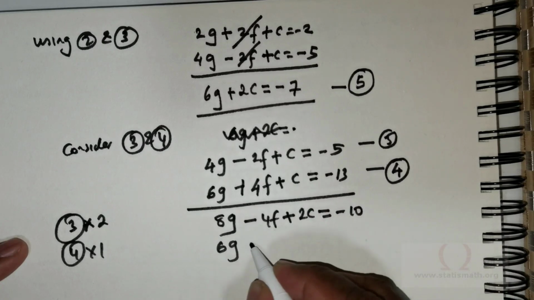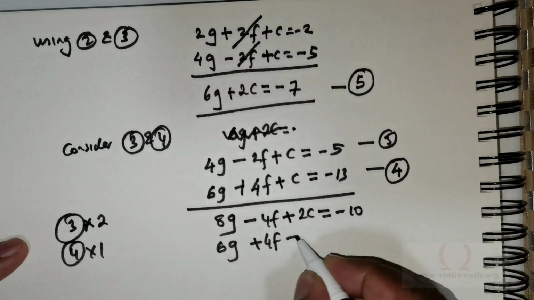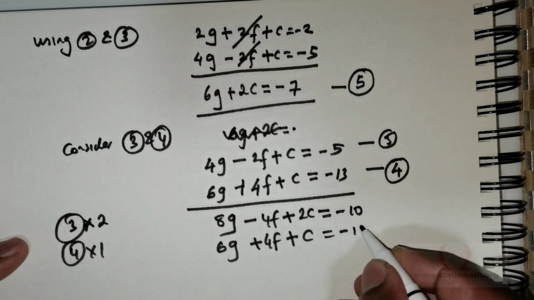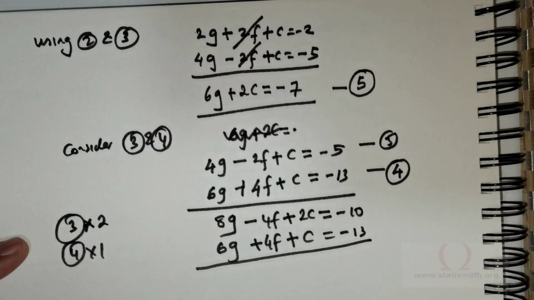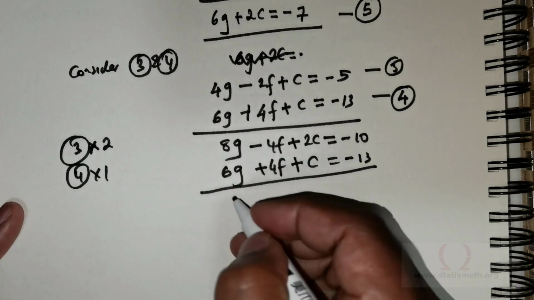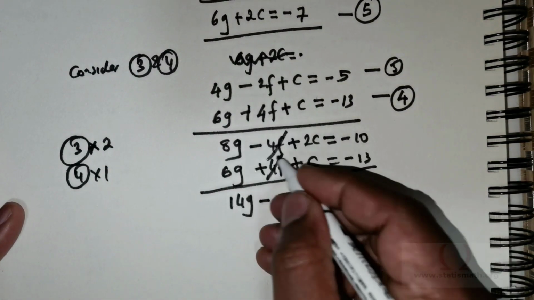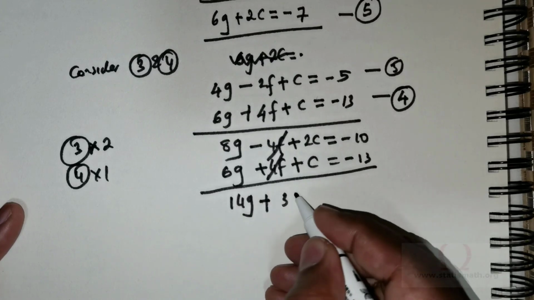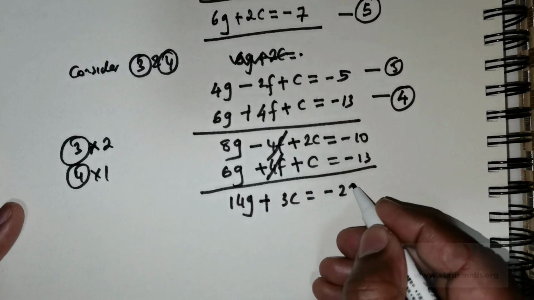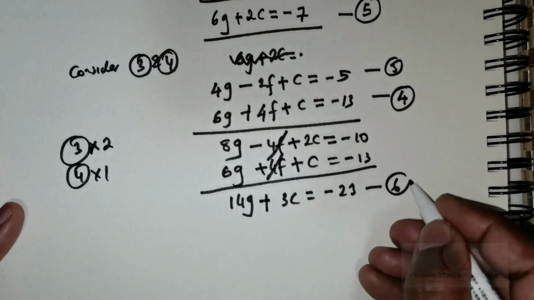This is 6g plus 4f plus c is equal to -13. So when I add it, I get 14g, the f gets cancelled, plus 3c is equal to -23. So this is my 6.